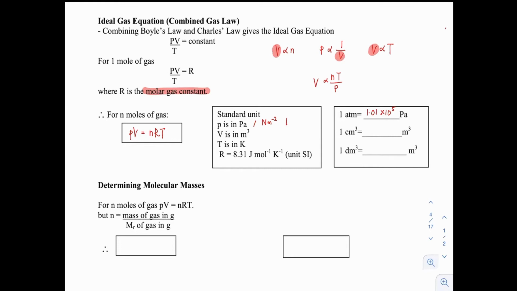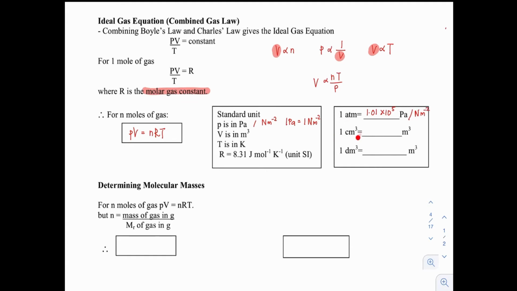We know that 1 Pascal is equal to 1 Newton per meter square. So this 1 atm is also equal to 1.01 times 10 to the power of 5 Newton per meter square.